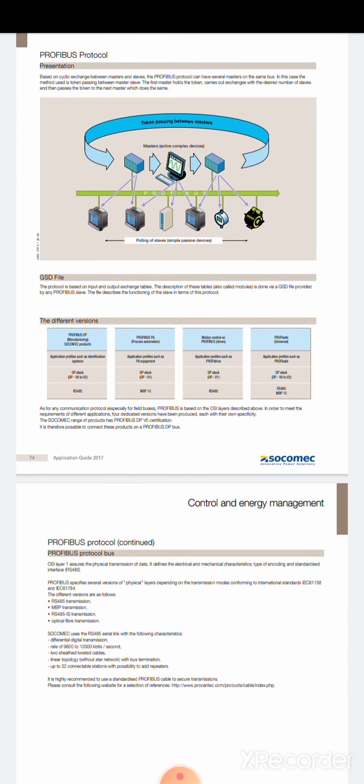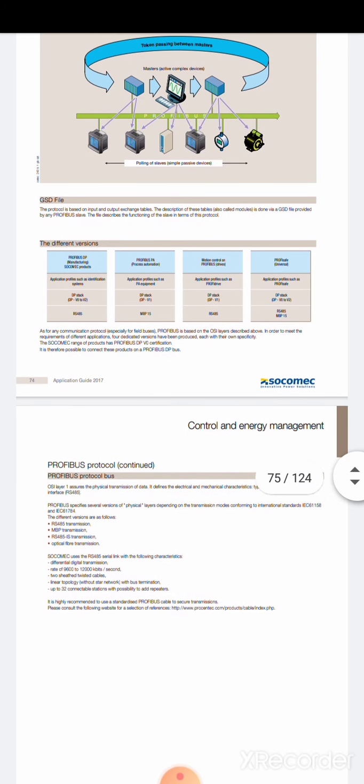GSD file. The protocol is based on input and output exchange tables. The description of these tables, also called modules, is done via a GSD file provided by any Profibus slave.